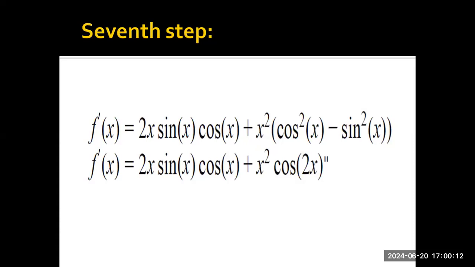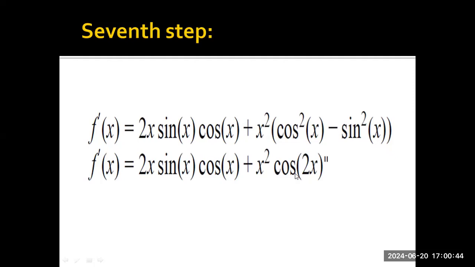So in the seventh step, we can see that x squared has been factored out from the last two terms, leaving only cosine squared x minus sine squared x. And as I mentioned earlier, we can use the double angle identity. Cosine value of 2x equals cosine squared x minus sine squared x. So we can replace this expression by cosine value of 2x.